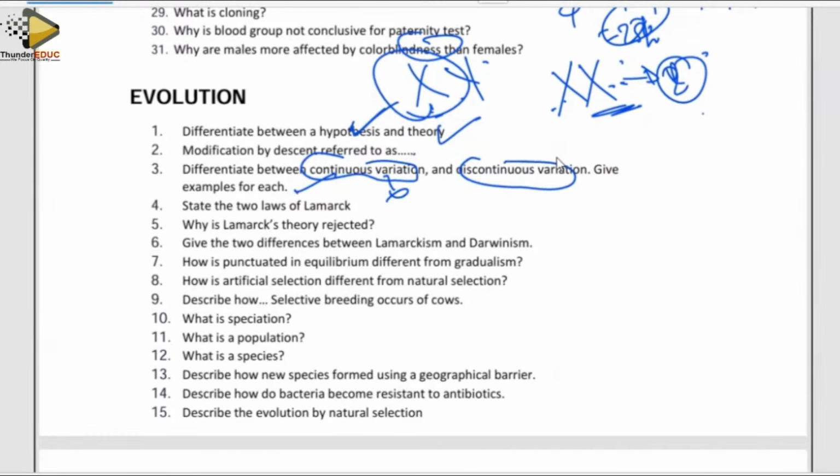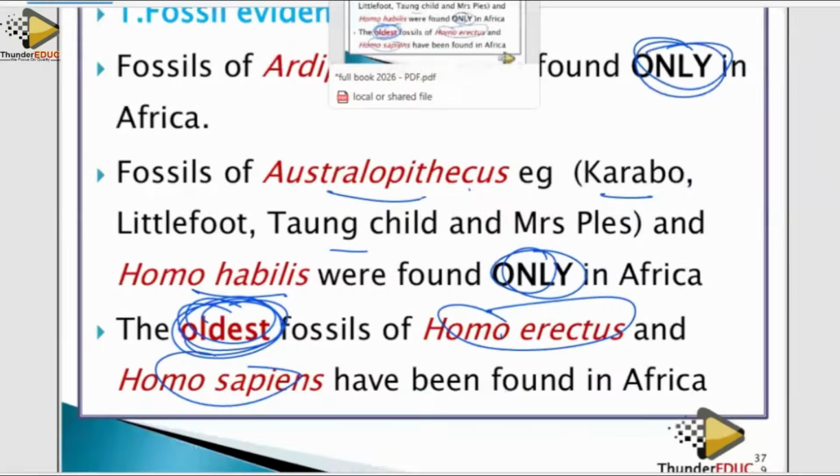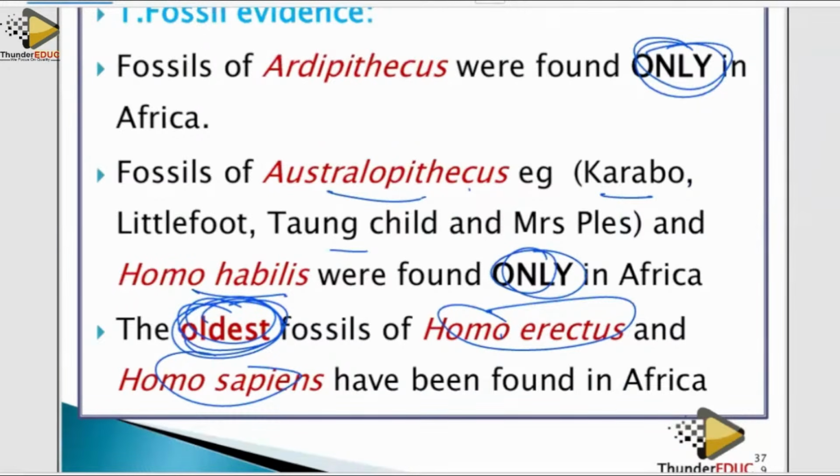State Lamarck's law, it has a law of use and disuse. The more frequently you use the structure, the more it becomes better adapted. And if you don't use it, it becomes smaller and finally disappears. Then why is Lamarck's law rejected? Make sure that you apply. It was rejected because organisms don't evolve because they want to evolve.